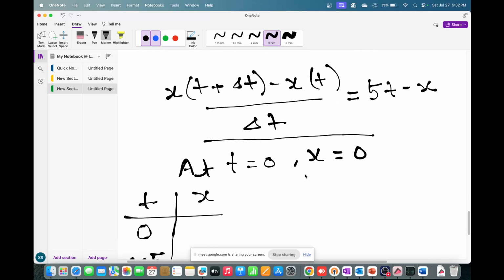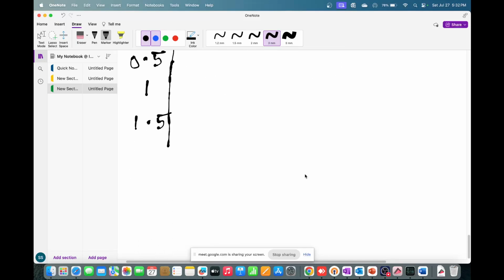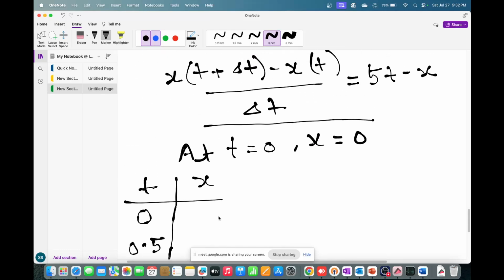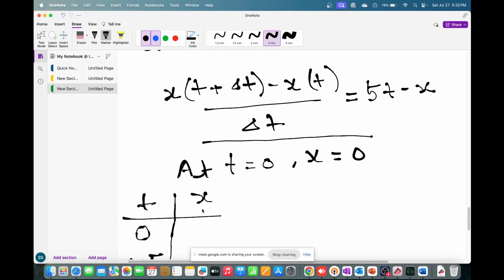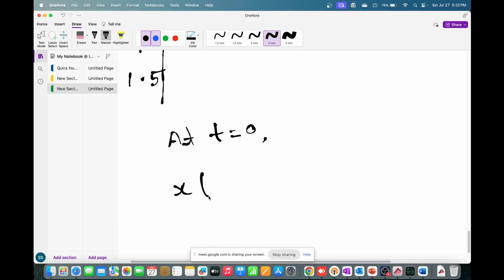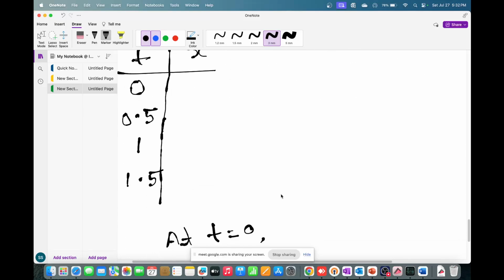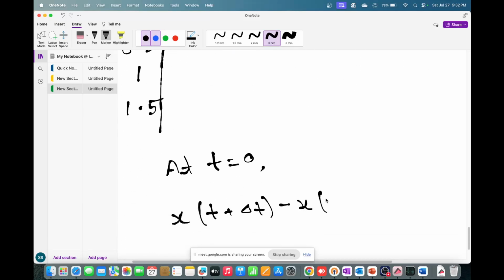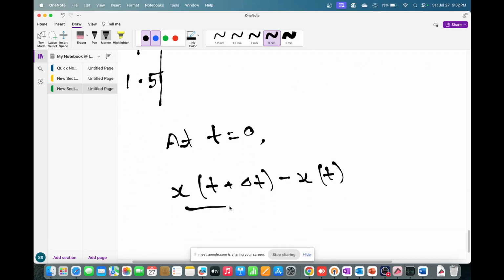So how do we move on from here? So at t equal to 0, what was our equation? Let's move here. x of t plus delta t minus x of t over delta t equal to 5 minus x.